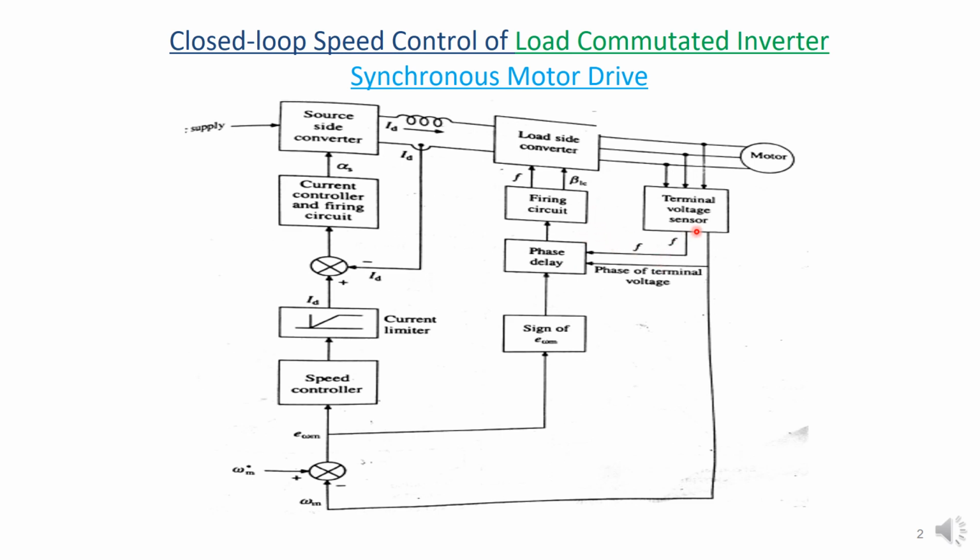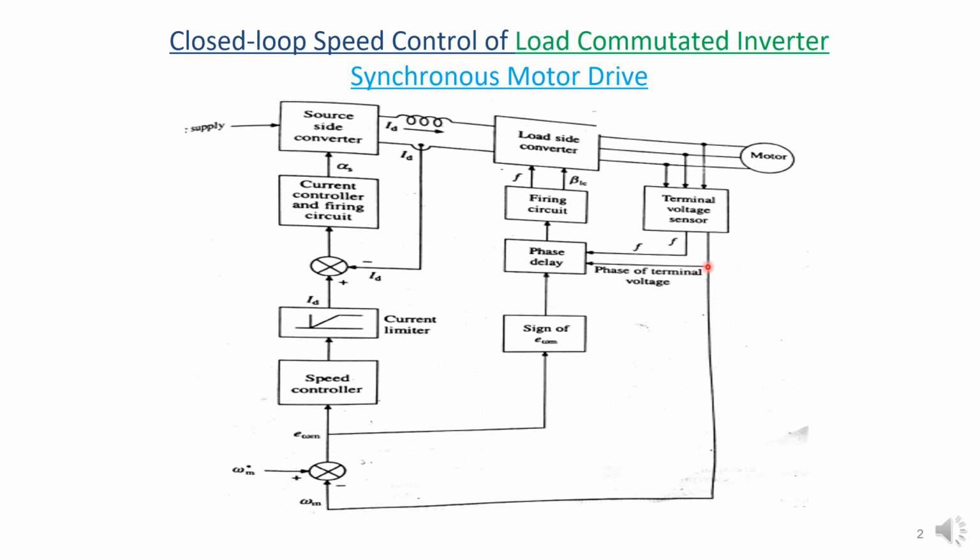Whenever the speed sensor value is lesser than the reference value, the error of the speed is positive. The sign of that error signal is positive, which gives the motoring operation, so the BLC is going to be positive. Whenever the speed is greater than the reference value, the error signal is negative and the BLC is set for braking operation.